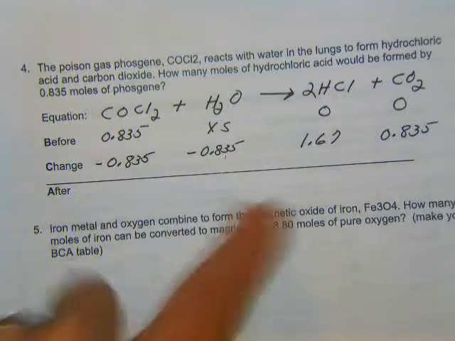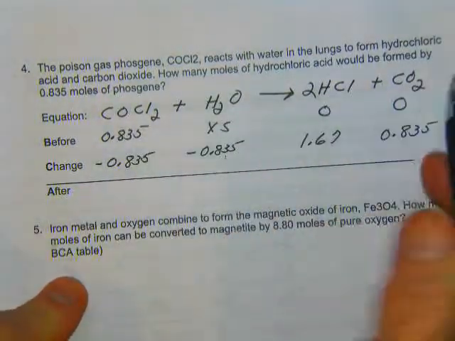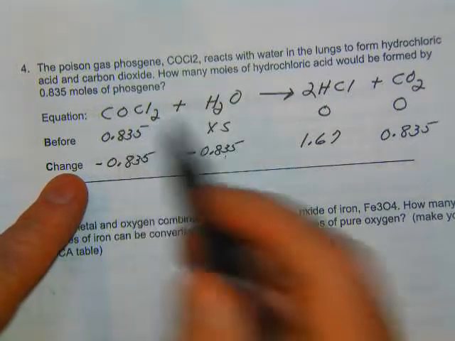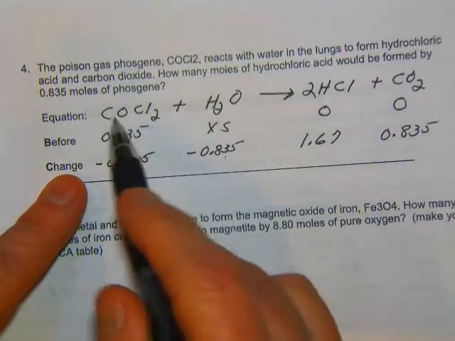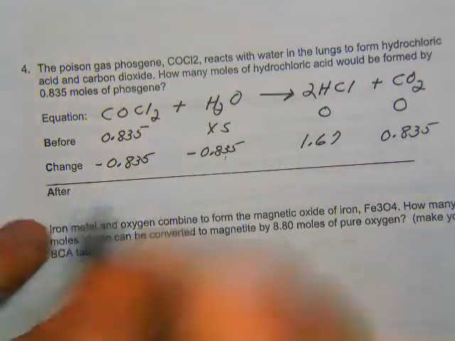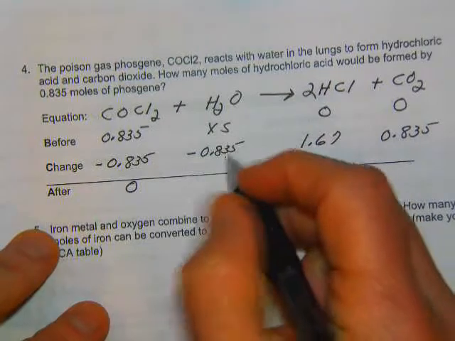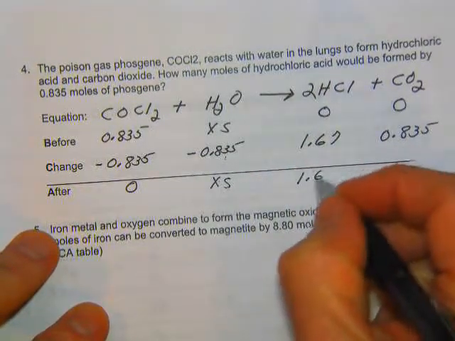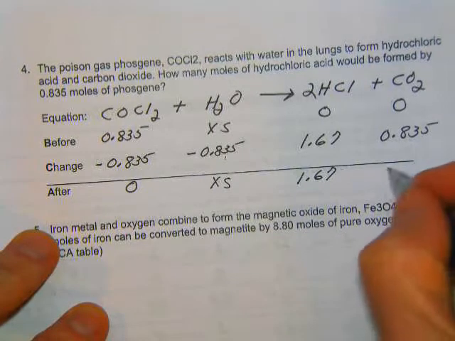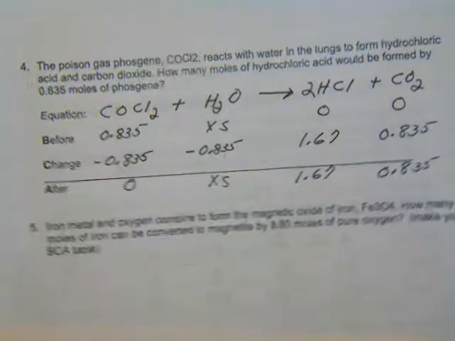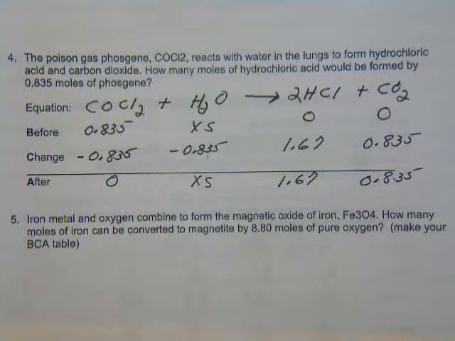And again, we're getting these numbers from this ratio. We're given 0.835, and we know the coefficient is 1. So it's pretty simple math there. So this is done. This is going to be in excess, and we're getting 1.67 hydrochloric acid and 0.835 of the CO2. Pretty straightforward one.